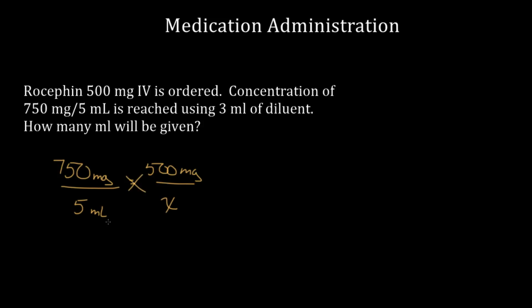We're going to cross multiply. So we have 750 milligrams times x is equal to 5 milliliters times 500 milligrams.